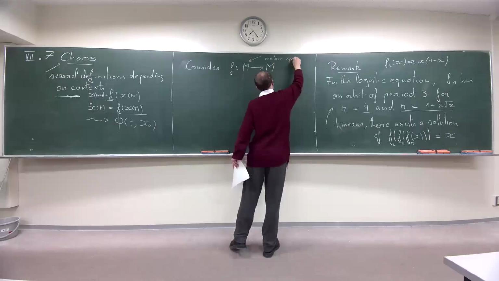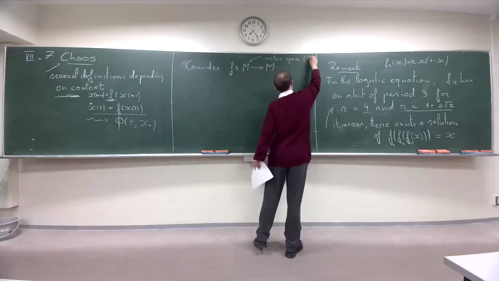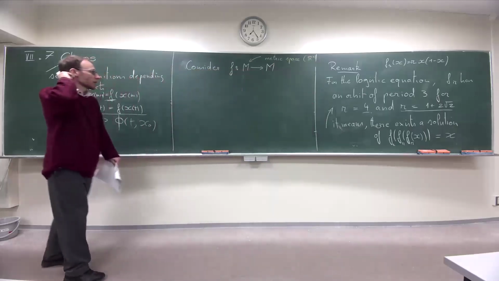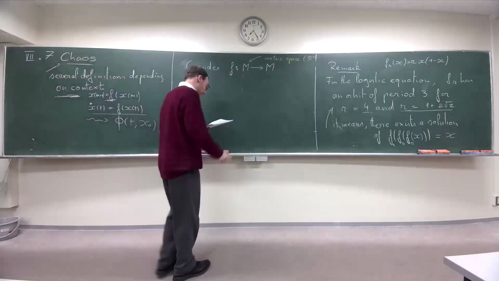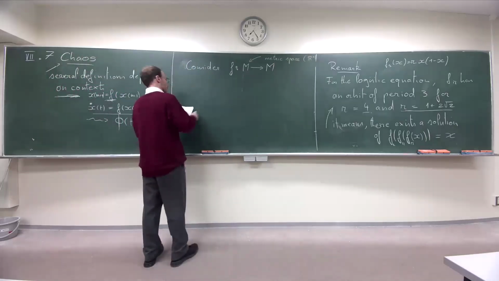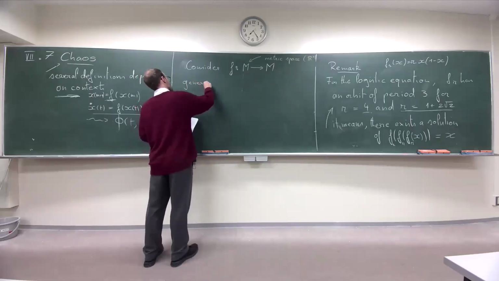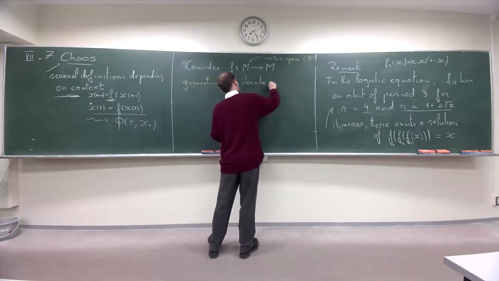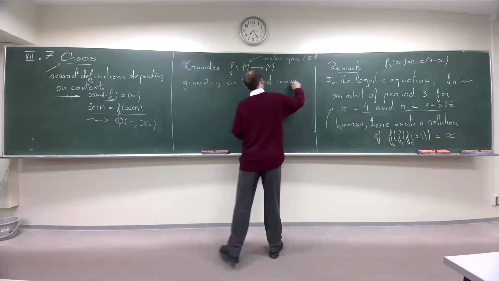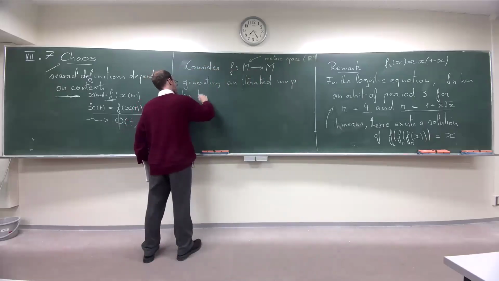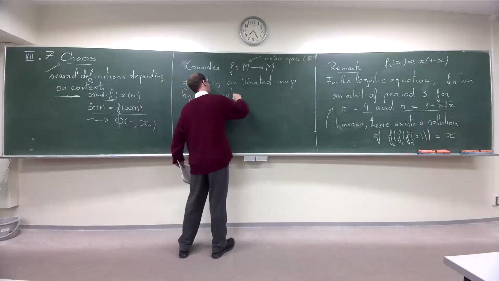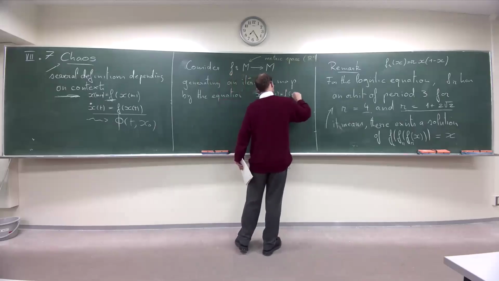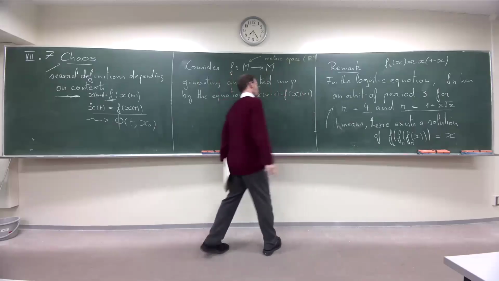But if you don't want to be in this generality, you can think just about Rn. Rn is an example. So you consider f from a metric space to itself, and iterating by the equation, just to precise it, x n plus 1 is f of x n. This is an iterated map.